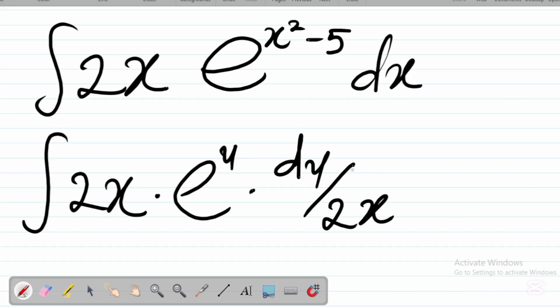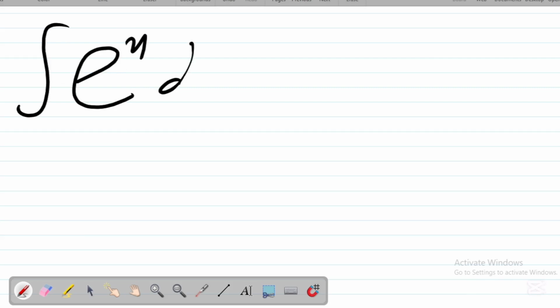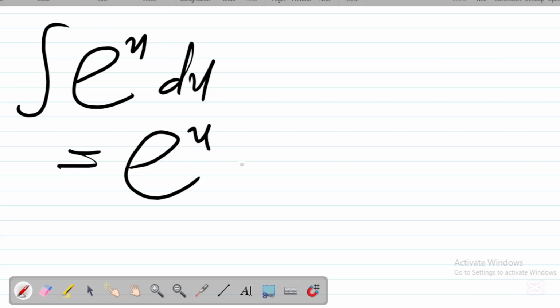So here we have similar terms. Let's cancel out the 2x and 2x. So we are left with the integral of exponential u du. And if you integrate exponential u, you have exponential u plus c.